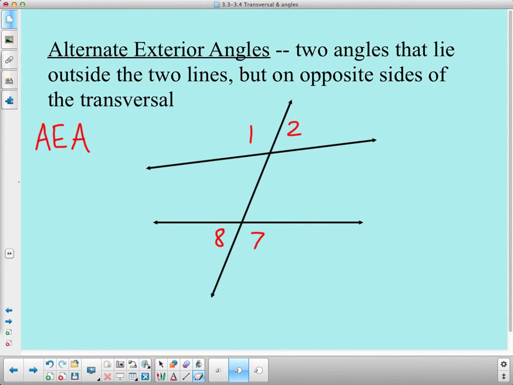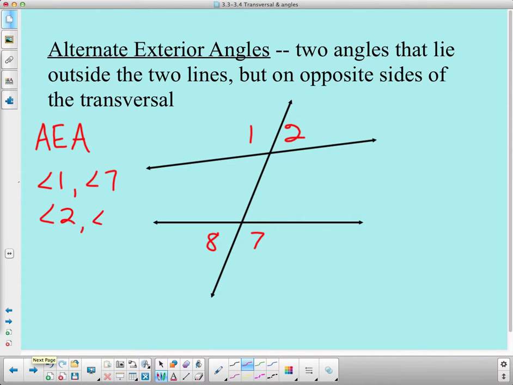Okay, so those are the exterior ones. Which ones are alternate? If I pick angle 1, what angle is alternate exterior with angle 1? 7. Okay. So 1 and 7 are alternate exterior angles. The 2 and 8 that I had were also exterior angles. Okay. So 1 and 7, 2 and 8.